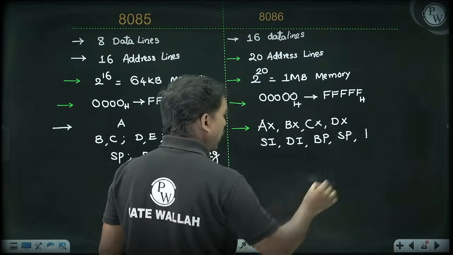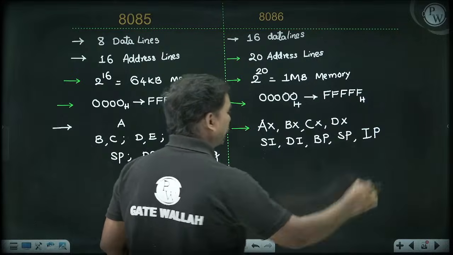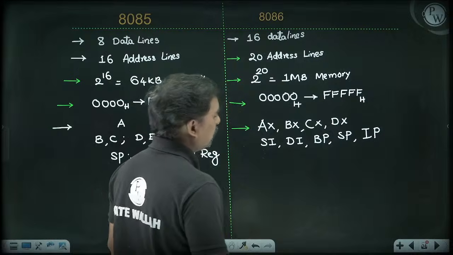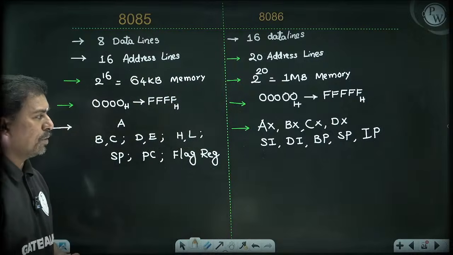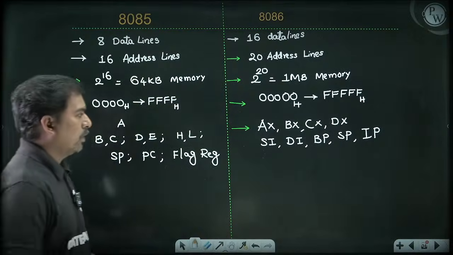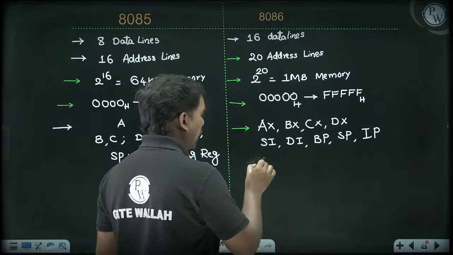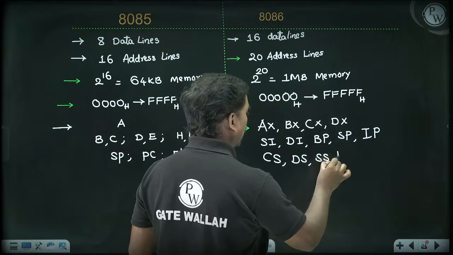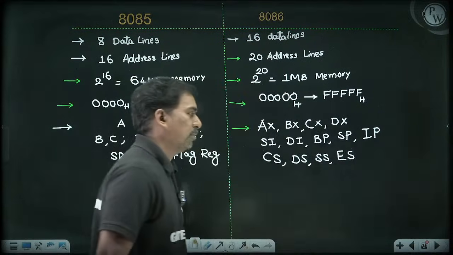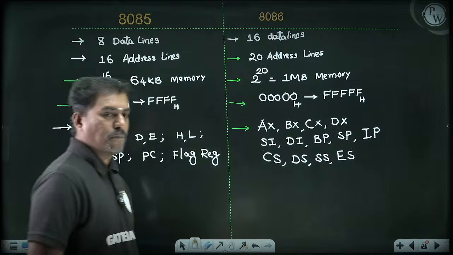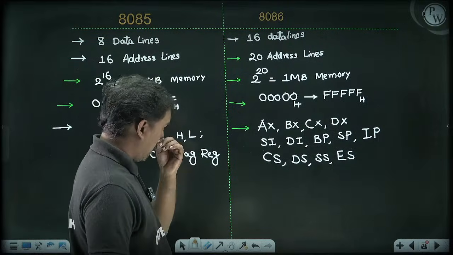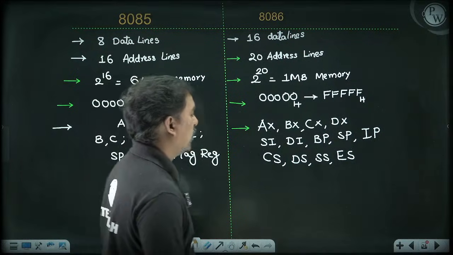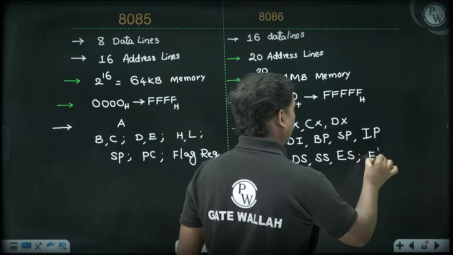In the place of program counter, we are having instruction pointer: AX, BX, CX, DX, SI, DI, BP, SP, IP. Okay, chalo. Next, in addition to this, we are having code segment, data segment, stack segment, extra segment. And we are having the flag register.